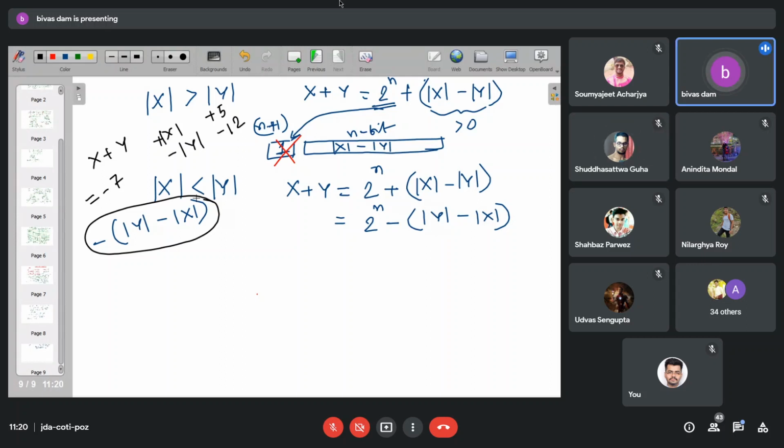So now, in case this is the situation, what is the required result? Now minus of mod y minus mod x. Is it positive or negative? Negative, sir. Now for this negative quantity, what is the 2's complement representation?